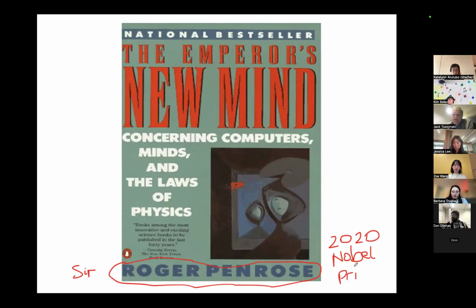But nonetheless, he spent, this was, I believe, in the late 1990s, so the last 20 plus years, thinking and publishing on this topic. So we shouldn't dismiss it.